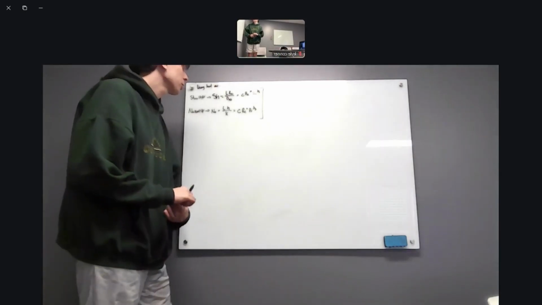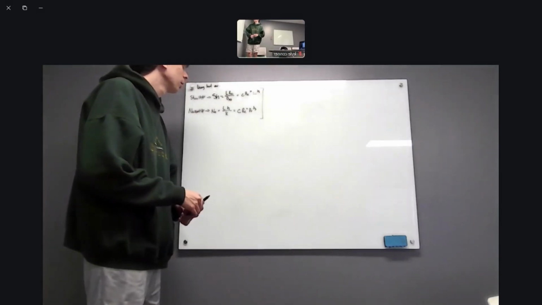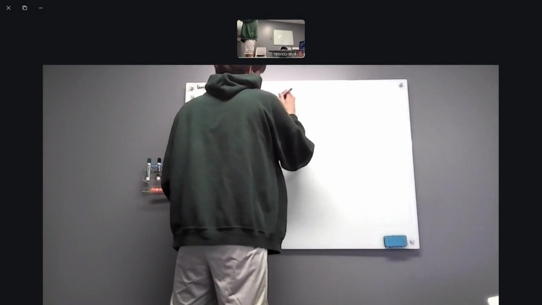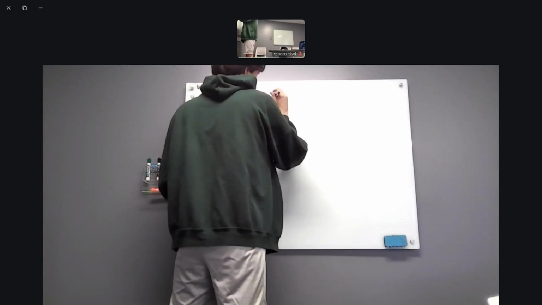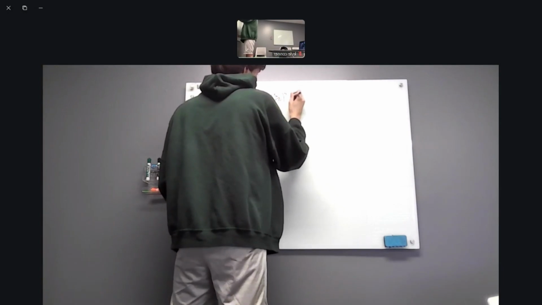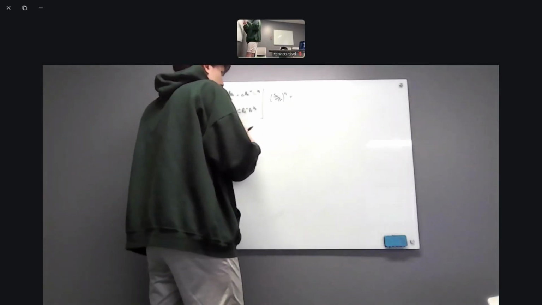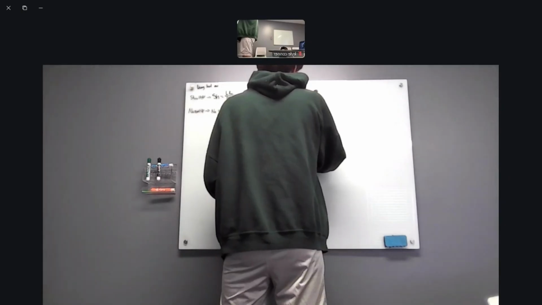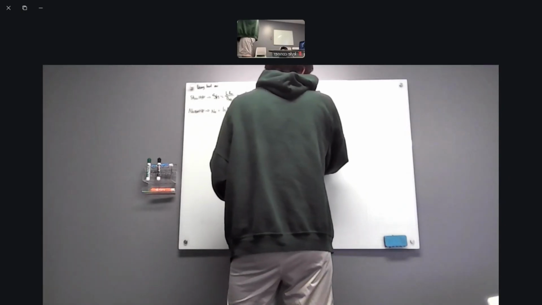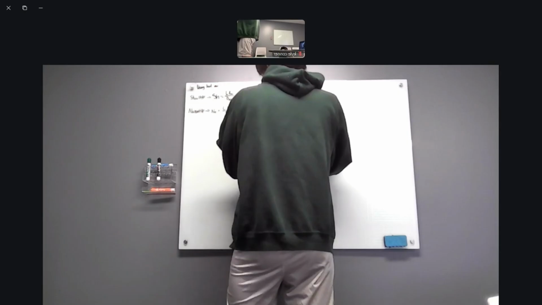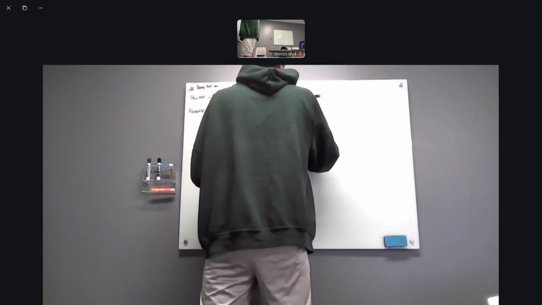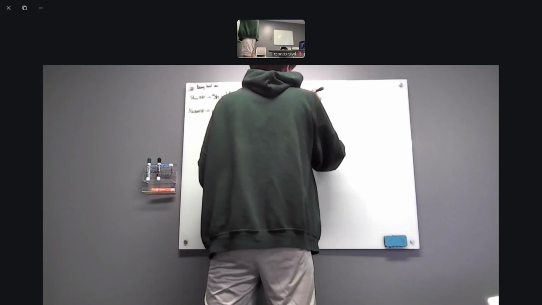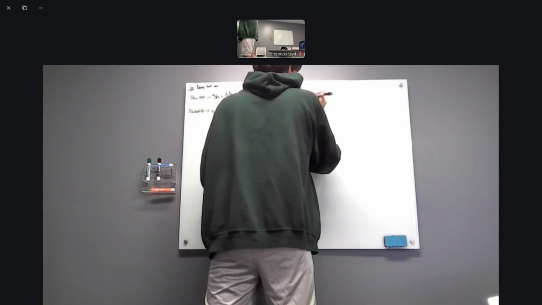So now what we want to do is divide our Schmidt number by our Prandtl number, and we're going to put this to the 1/3 power, which is equal to k over rho c_p, our thermal conductivity divided by our density times heat capacity times our diffusion coefficient.